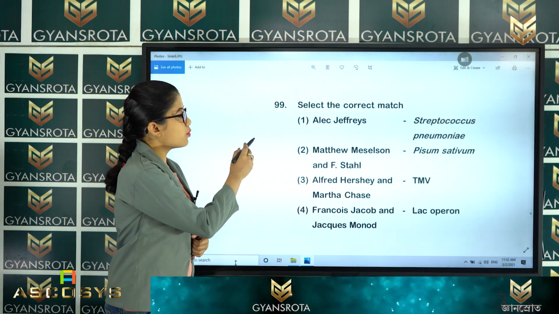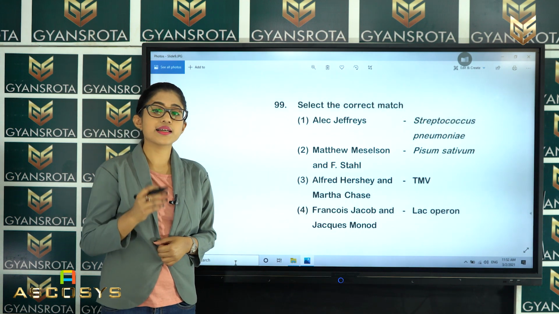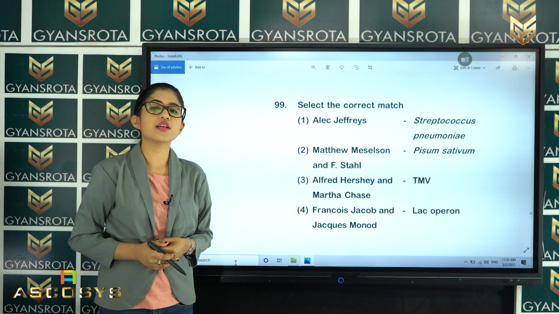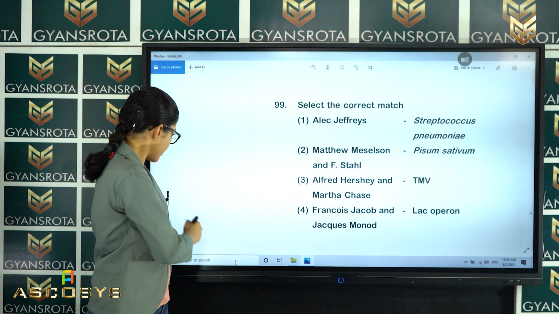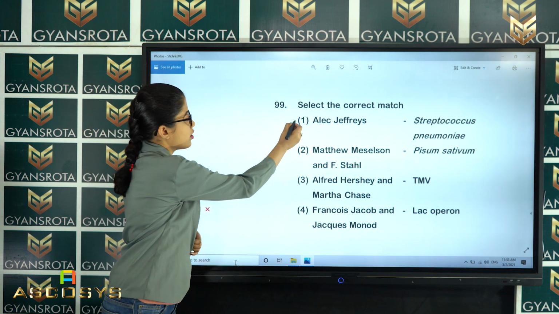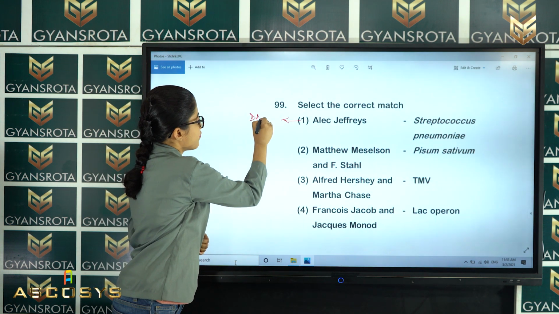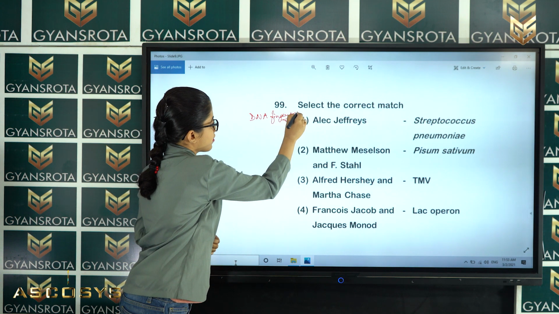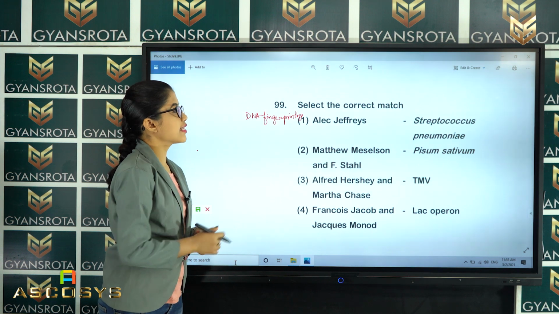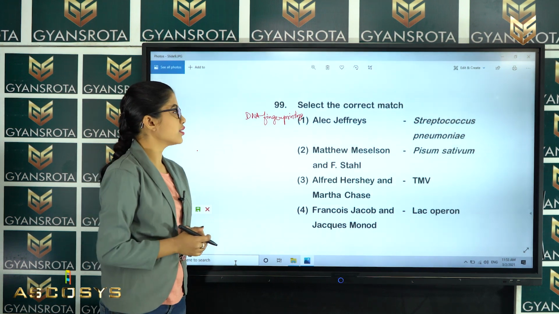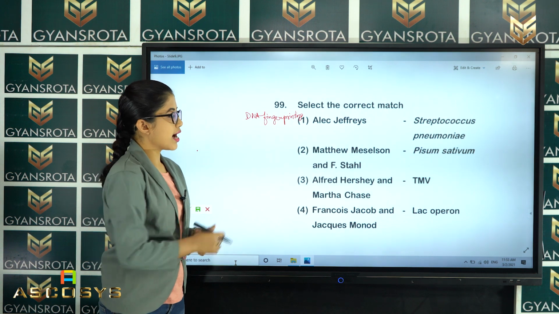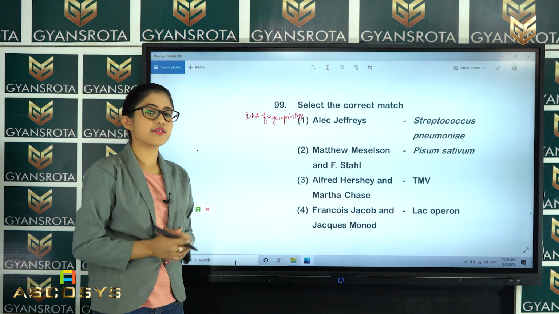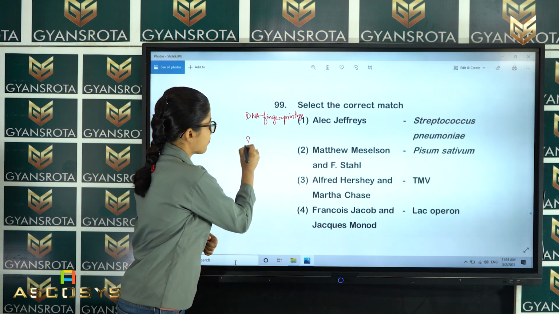So options number 1, 2 and 3 are the incorrect options, because Alec Jeffreys discovered the DNA fingerprinting technique, right? So he discovered DNA fingerprinting. The next is Matthew Meselson and F. Stahl, they discovered the semi-conservative nature of the DNA.